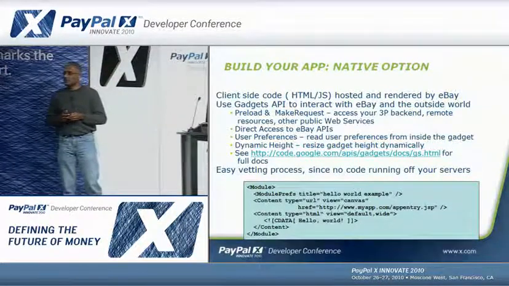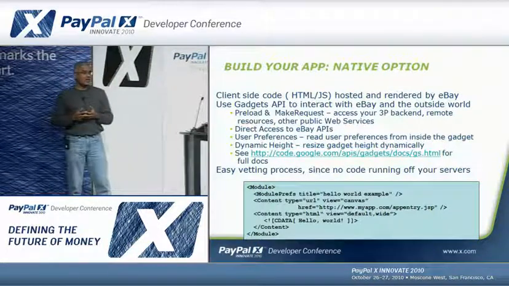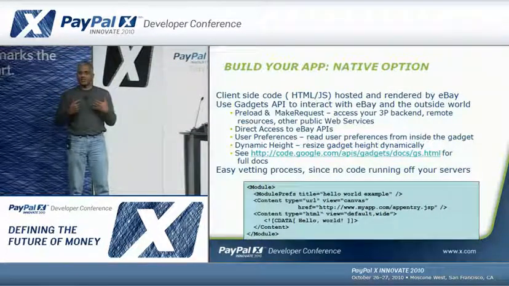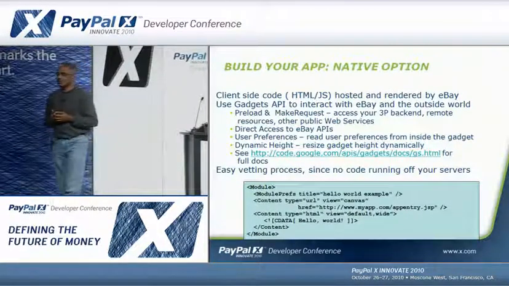The other option is to build something called a native app, where all the content is provided to us upfront. We don't refer to software that's on your site. And that has the benefit of us hosting the HTML and JavaScript that's necessary for rendering the application. You don't have to be responsible for the uptime of those components.